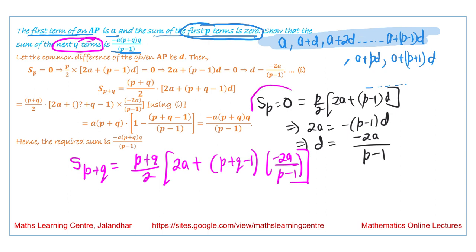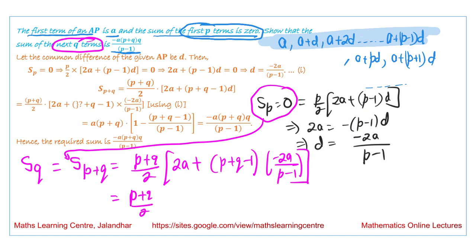Now the sum of the first P terms is 0, so the sum of these P + Q terms will be equal to the sum of the next Q terms. If we simplify, it is (P + Q)/2 × 2A, common from this, we are left with 1 minus (P + Q − 1)/(P − 1).